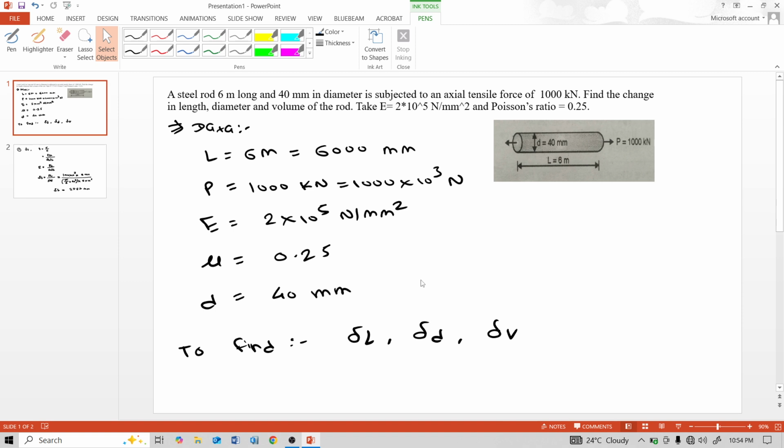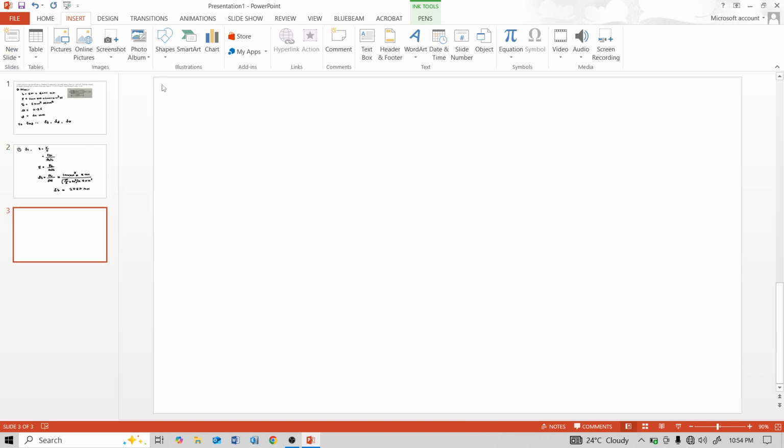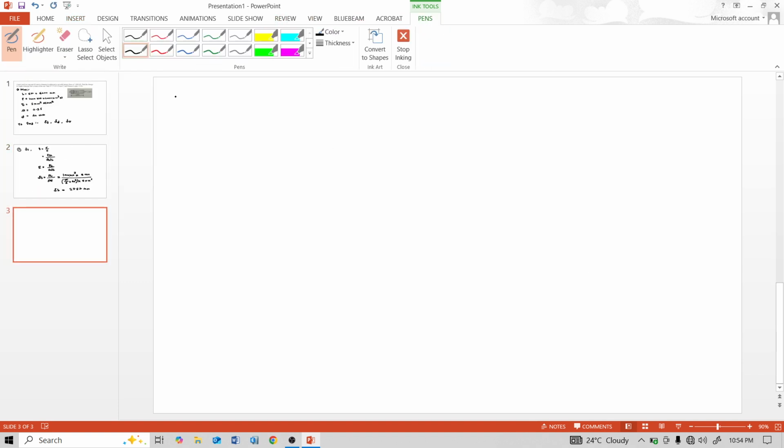Next, calculate change in diameter, delta D. For calculation of change in diameter, we have to get help of the lateral strain formula. Lateral strain is epsilon D, the change in diameter to the original diameter.